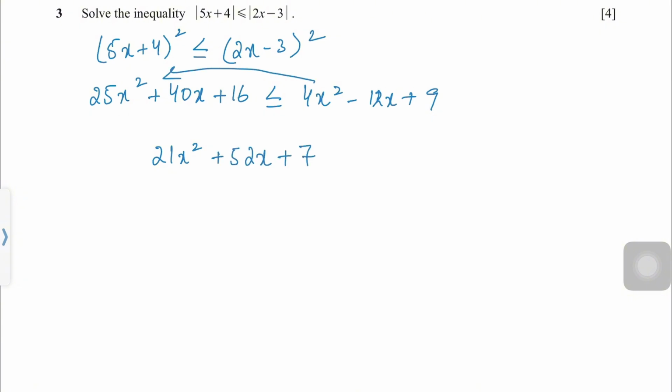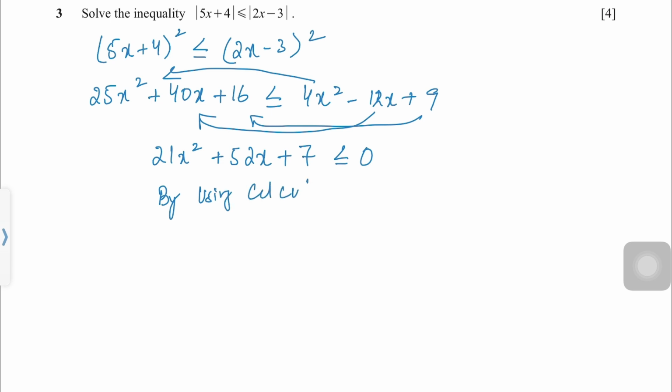This would go there: 25 minus 4 is 21, 40 plus 12 is 52, and 16 minus 9 is 7. This would be less than or equal to 0. Now by using a calculator, we can get the values, we can get the roots.